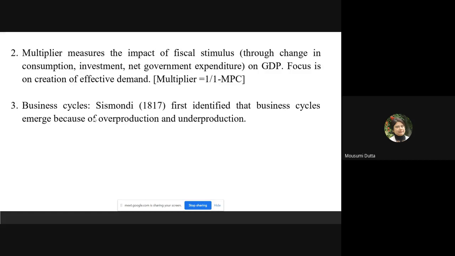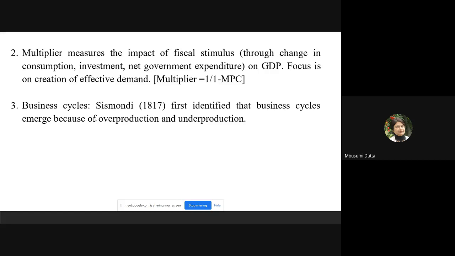So when I say the multiplier measures the impact of fiscal stimulus on GDP, that is del Y by del C, del Y by del I, del Y by del G, all these kinds of things. How will GDP improve by increasing consumption, investment, savings, or government expenditure? Here, the focus is on creation of effective demand.